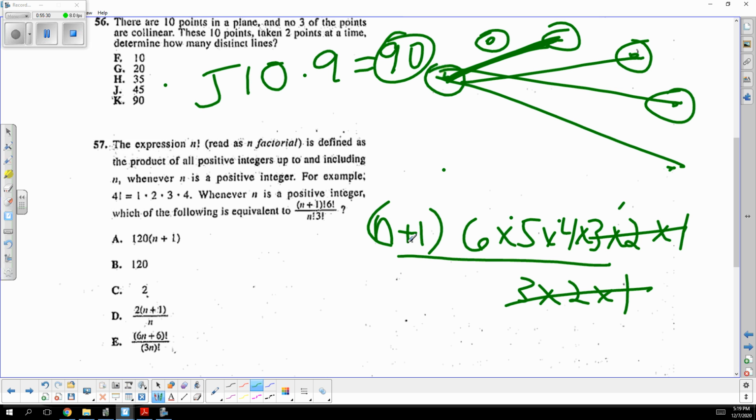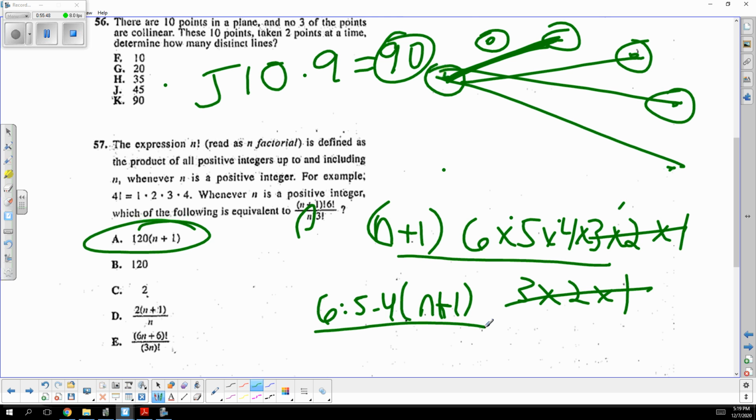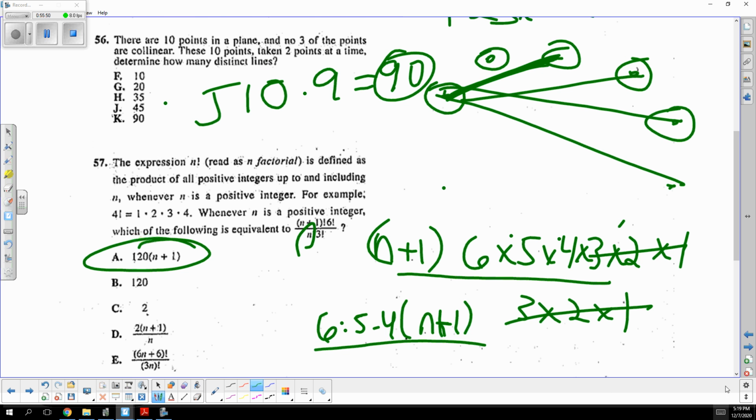So n plus 1 is the only survivor. N and everybody else gets knocked off by the n factorial on the bottom. So the answer is just simply 120, which is 6 times 5 times 4, the survivors, times n plus 1, who is the other survivor.